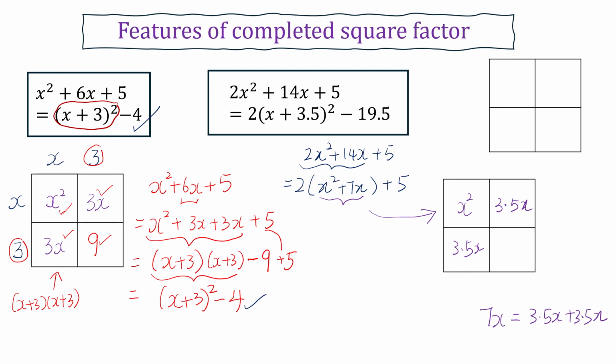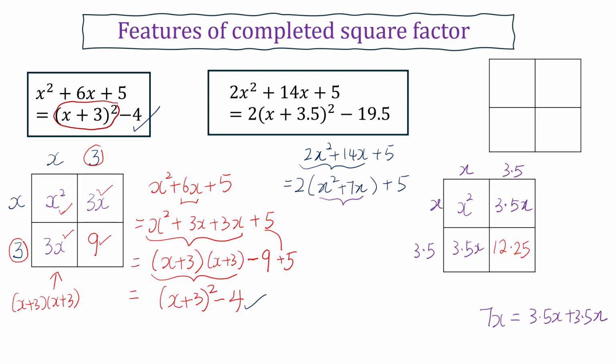And like what we have done earlier on, I need an x here and an x here, then the 3.5 and the 3.5. So what would be the value for this term here? We use the same color so that it's less confusing. Yes, that would be 3.5 multiplied by 3.5, and that gives you 12.25.